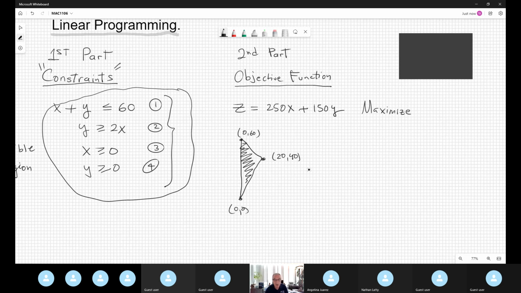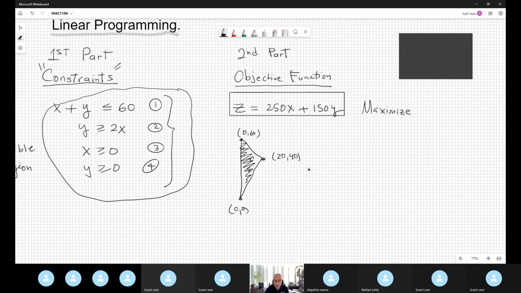So I'm plugging into the objective function, into each corner, not intermediate values inside, because the corner is the significant point, the potential point where the objective function is maximum or minimum.